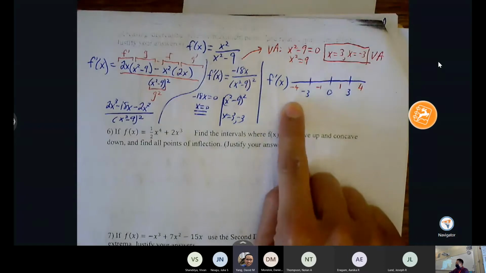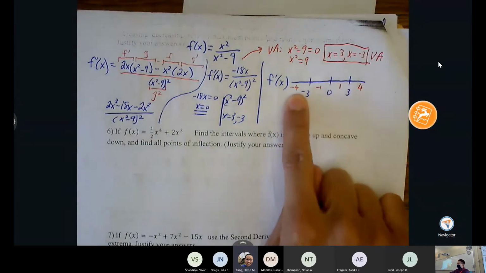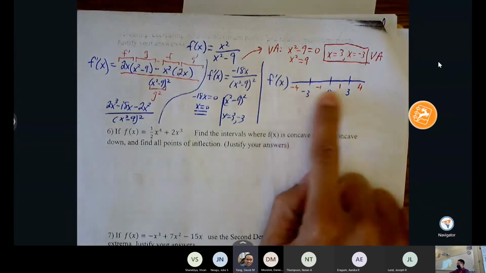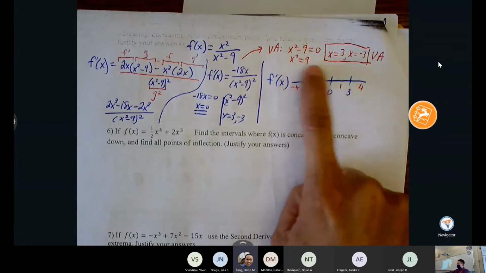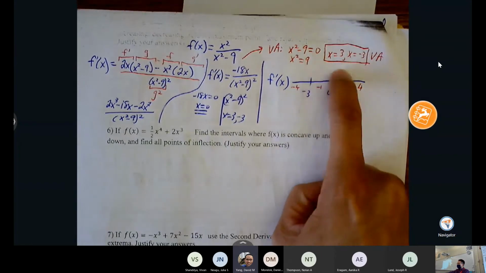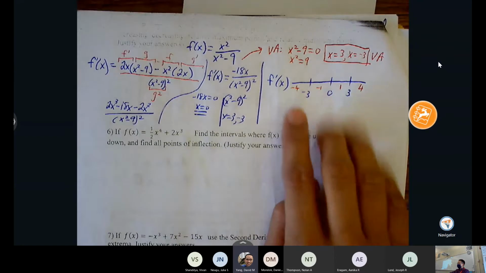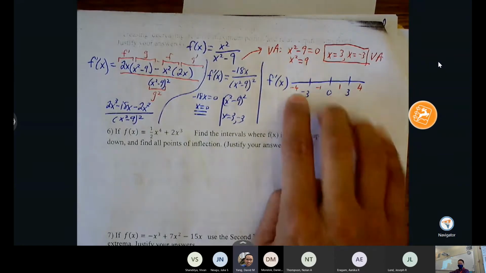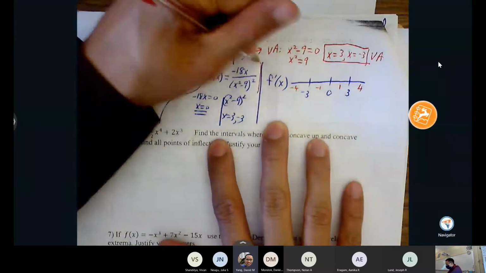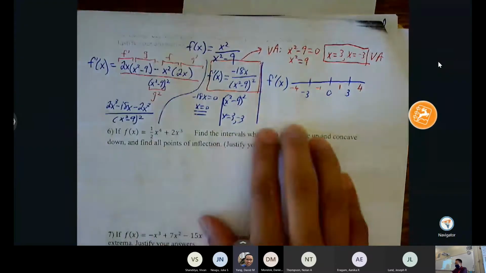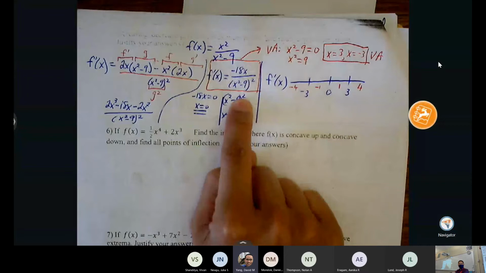Well, maybe eventually, but right now the reason why we want to test -4, -1, 1, and 4 is because we want to know what the behavior of the slope is. If we want behavior of the slope, that's going to come from the derivative. Yeah, good. So our test points are going to go into the derivative.